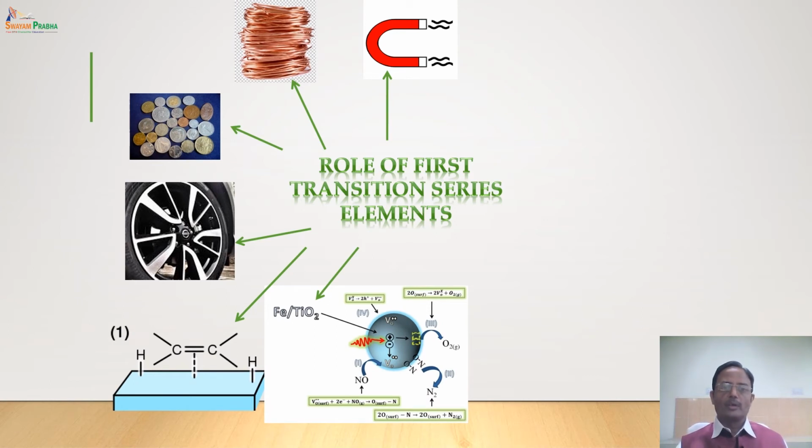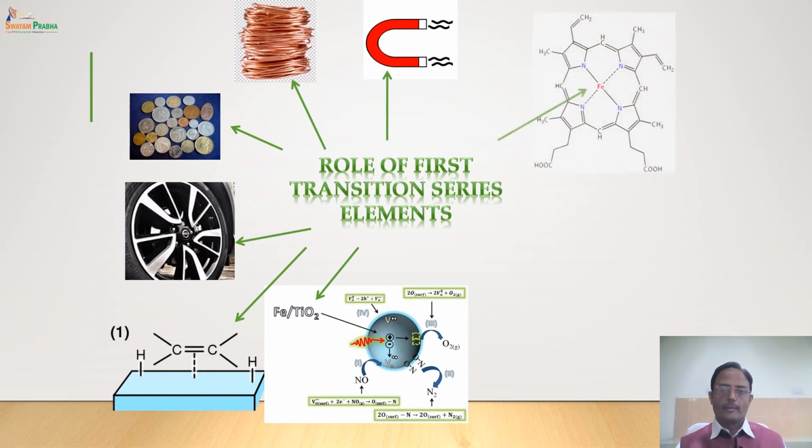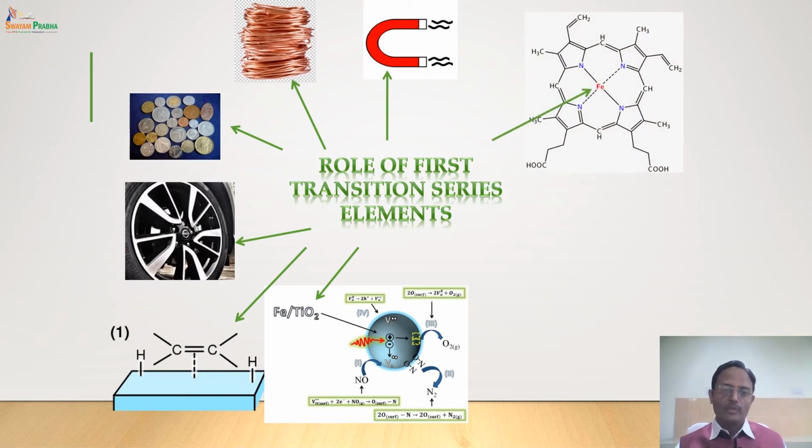One more important role of transition elements, specifically the 3d series elements, is in photochemical reactions. They are very good photocatalysts. Apart from these roles, transition elements play a very important role in biological systems also.